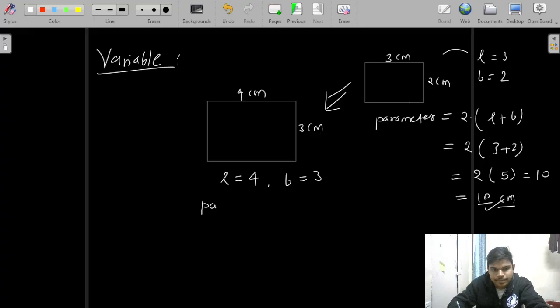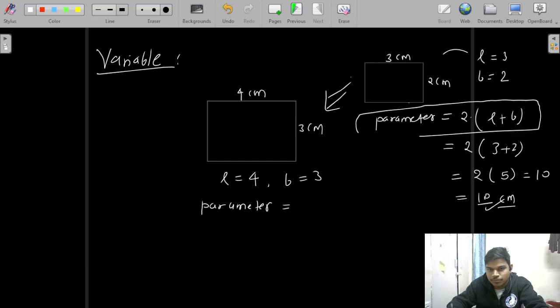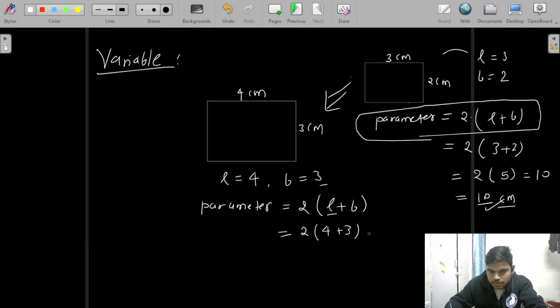Now what is the perimeter? Use the same formula, 2 times L plus B. Putting 4 in place of L and 3 in place of B, 2 times 4 plus 3, this is 2 times 7, which is 14 centimeter. So your perimeter P is 14 centimeter.